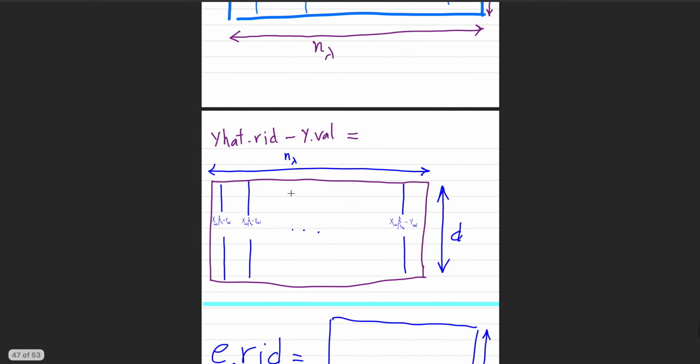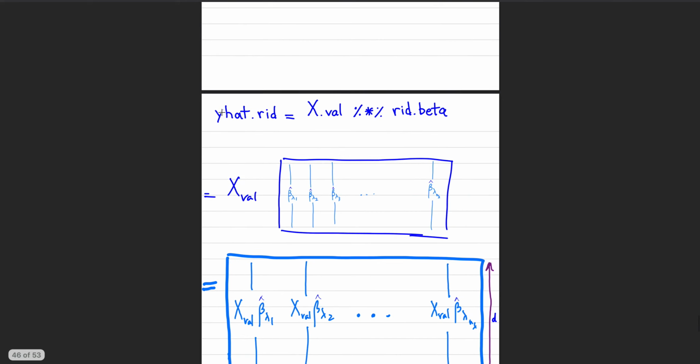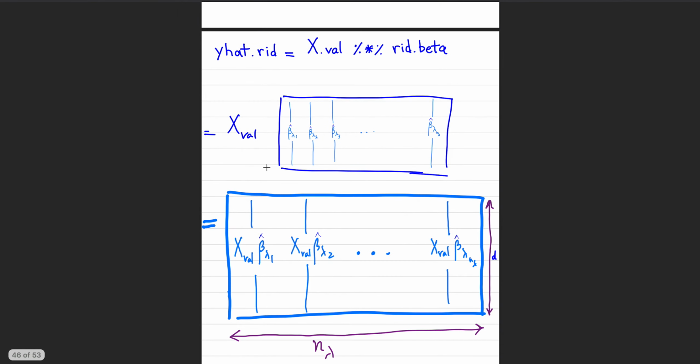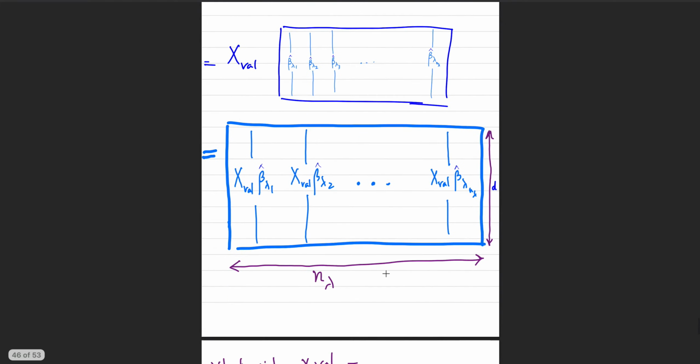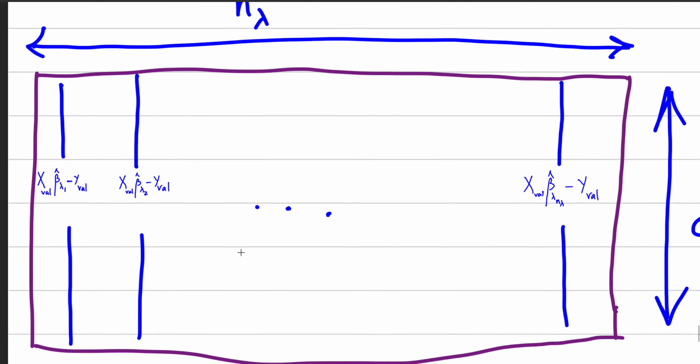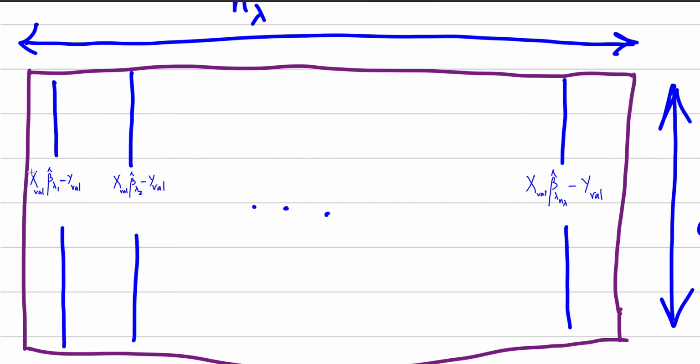And then when you subtract, y hat ridge minus y val, because this is y hat ridge, the matrix which has in it the prediction values for the x val for all the lambdas. And then when you subtract y val, in the first column you have x val beta hat lambda 1 minus y val.